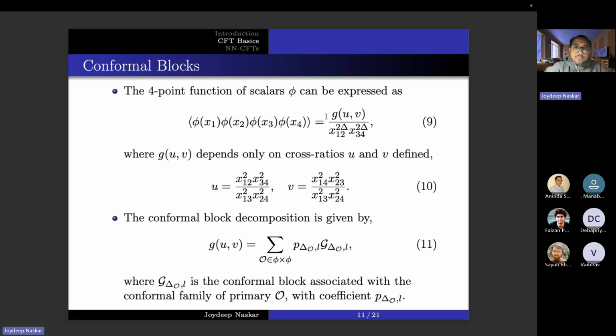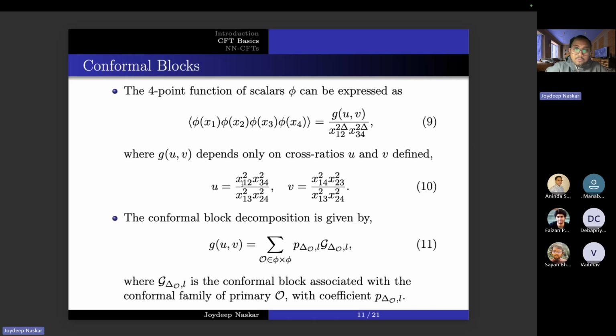They can be expressed in this form, as in equation 9: when you have four identical scalars, you can write it as G of U, V. This G(U,V) is a function of cross ratios, and cross ratios are themselves conformally invariant.